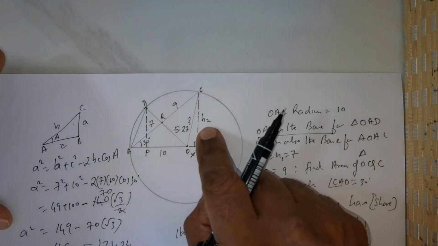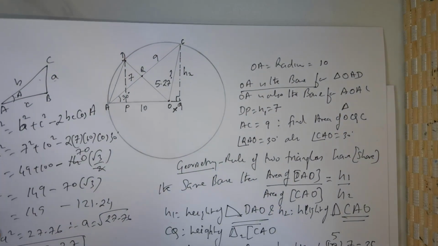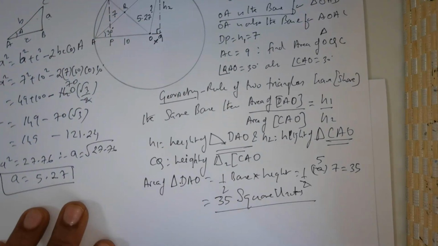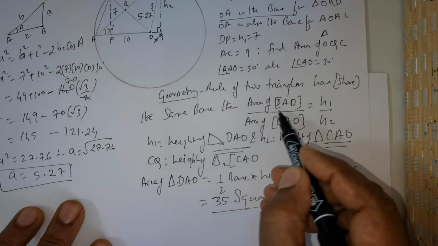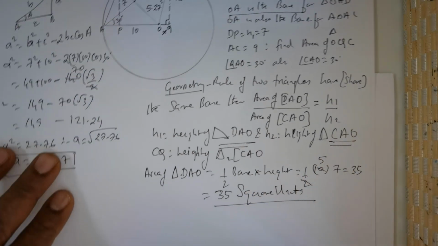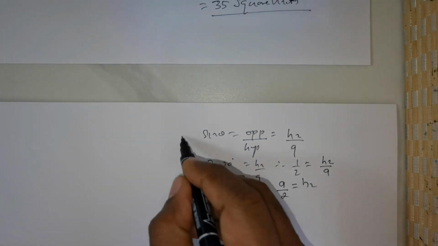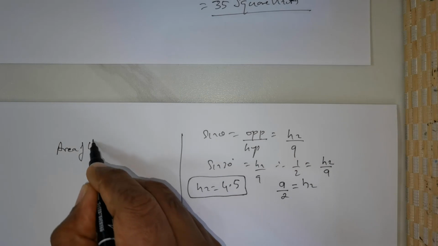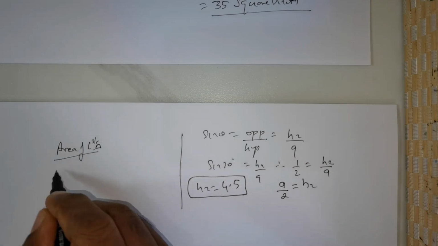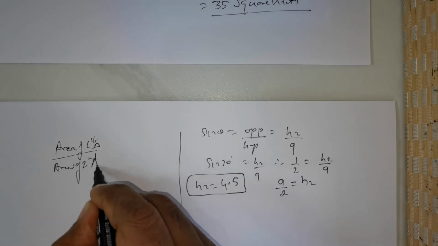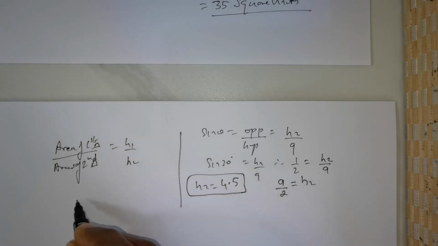Okay, so now since I've got the height, let me use the geometrical rule. Area of DAO divided by area of CAO is equal to H1 over H2. So the area of the first triangle divided by the area of the second triangle is equal to H1 over H2.